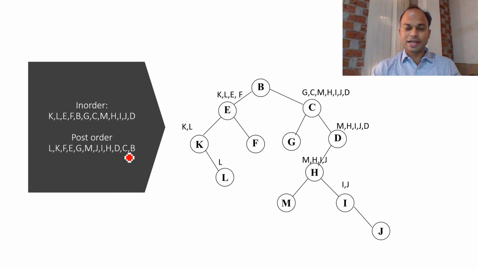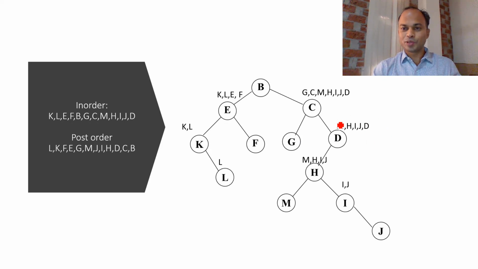After finding the root we have to find out the left subtree and right subtree. So if C is the root, on the left-hand side the value is G only, and on the right-hand side we have M, H, I, J and D. We have found the right subtree, we have found the left subtree.